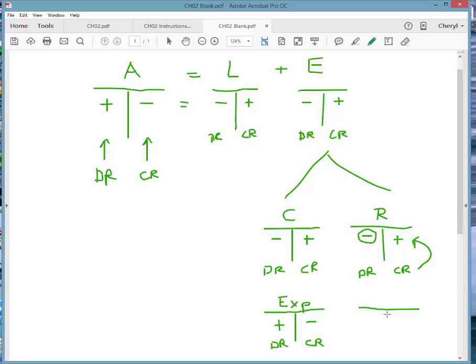Okay. Then the last breakout of our equity is under withdrawals, and I'm going to abbreviate that as W/D. Okay. This is where the owner is going to take assets out of the business. Okay. This is going to make our equity go down.